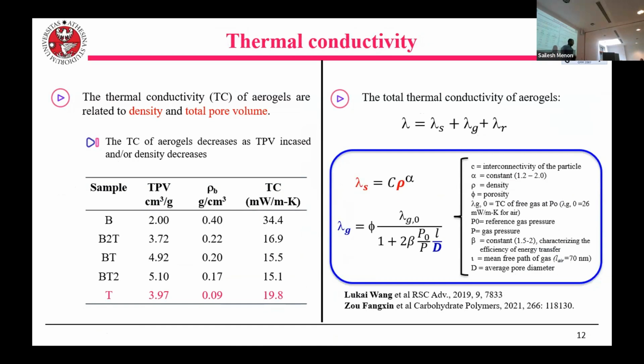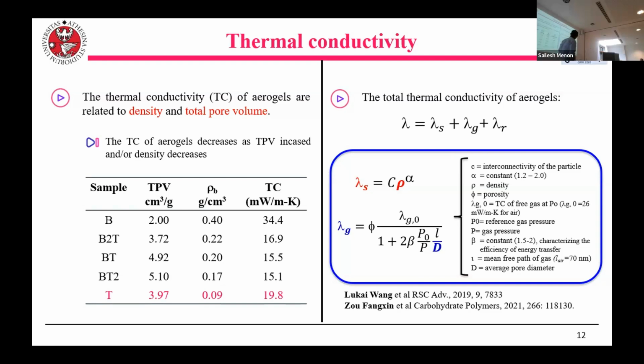At room temperature, the radiation contribution is small, since it is more pronounced at high temperature. Therefore, since we measure thermal conductivity at room temperature, the contribution from radiation can be ignored. The total thermal conductivity of our aerogel at room temperature is mainly contributed through the solid phase and the gas phase.